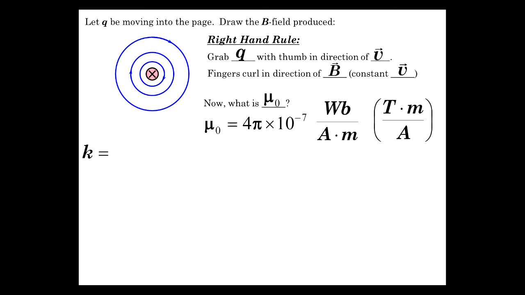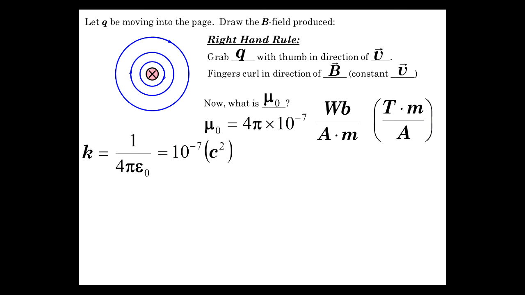Now, k, as we've learned before, is 1 over 4 pi epsilon 0. And epsilon 0 we have an exact quantity for, that we basically approximate when we write it. But it's actually that 1 over 4 pi epsilon 0 is 10 to the minus 7 c squared.